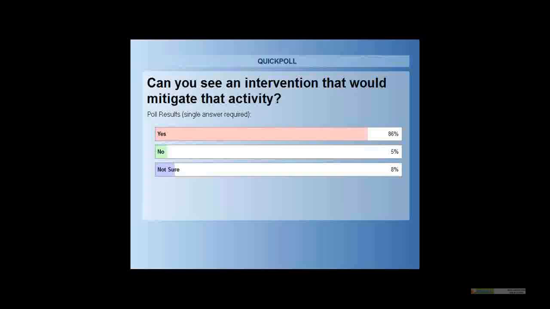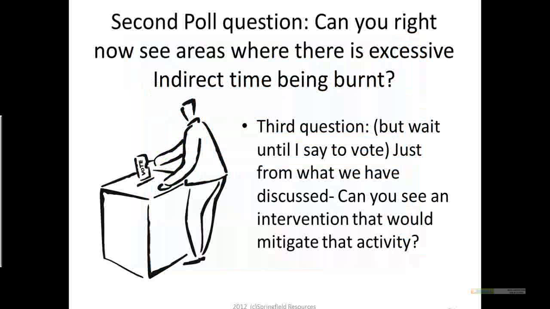If you think about that to yourself, that is a remarkable thing, that everybody sees that their business process has excess of indirect time, and that 86%, or 80% even, could see that there is a way to intervene.